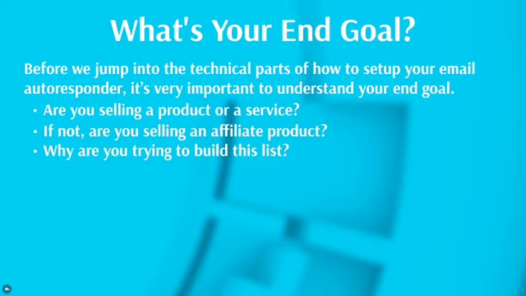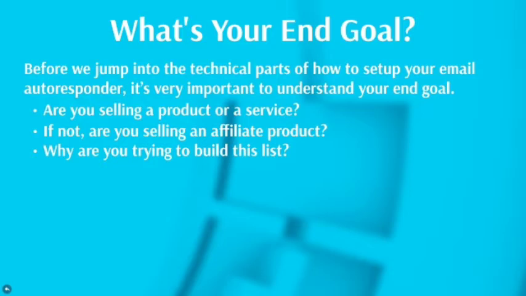So in other words, if you're selling a product or service, you need to clearly understand what are the problems that your prospect faces, right? And give them tips and pointers along the way, and build a relationship with them, gain their trust so that they're interested in your product or service. Now, if you're selling an affiliate product, on the other hand, then you may not be required to do all of that.